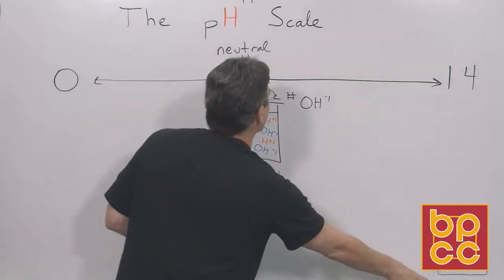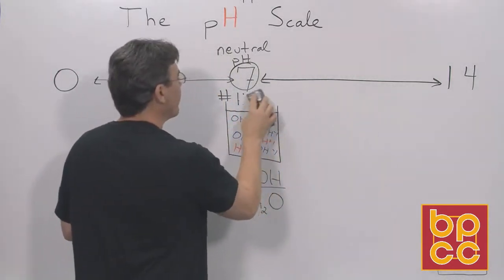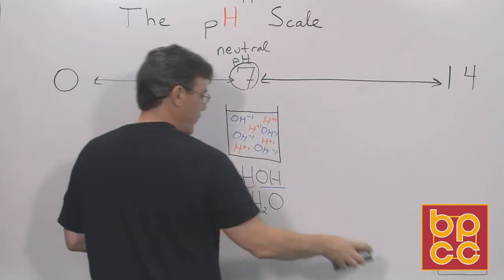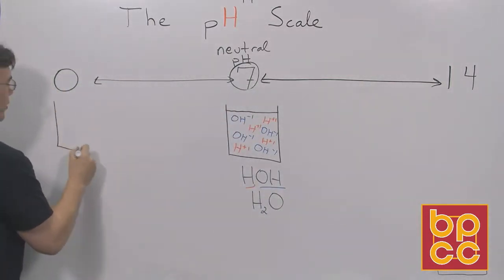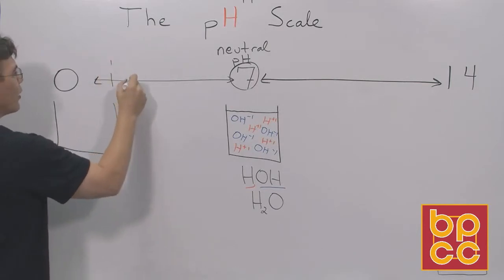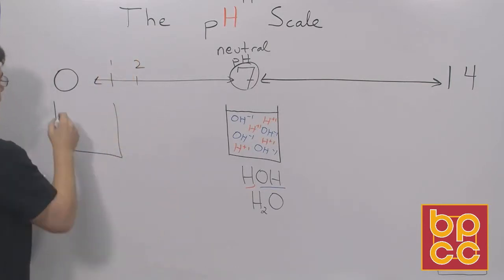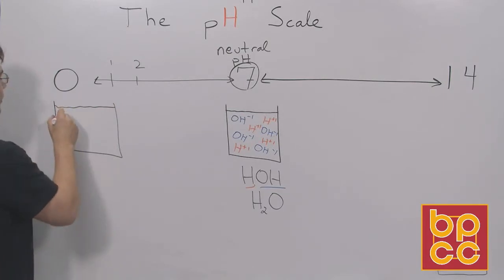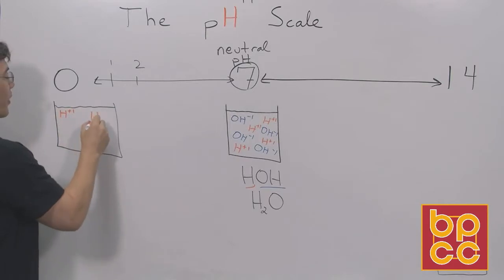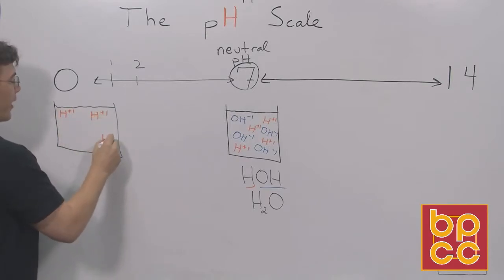Okay, so let's just clean this up a little bit. And let's look at the low numbers. Let's draw another beaker down here around pH 0, or pH maybe 1 or 2. In this beaker, okay, at these low pHs, what we have is a predominance of H plus 1s. And we know H plus 1s are the identifier of an acid.